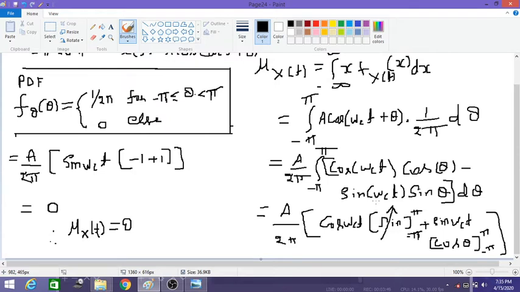Integration of sin is minus cos, so it is a cos theta here. Let me erase and write it correctly.